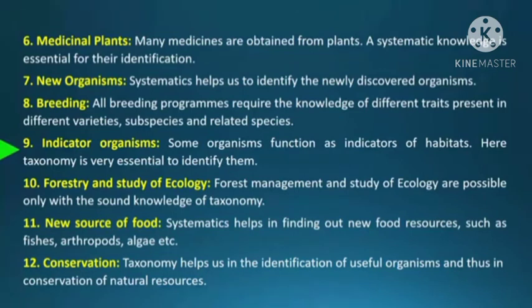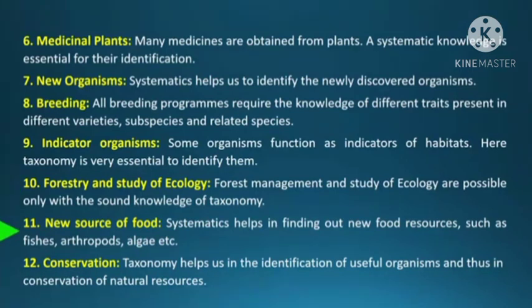Indicator organisms. Some organisms function as indicators of habitats. Here, taxonomy is very essential to identify them. Forestry and study of ecology. Forest management and study of ecology are possible only with the sound knowledge of taxonomy. New source of food.